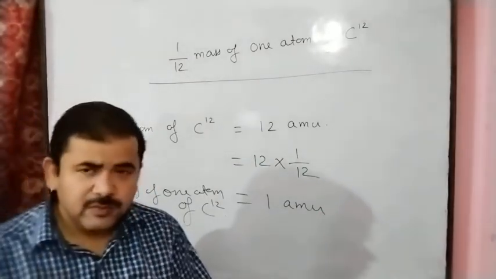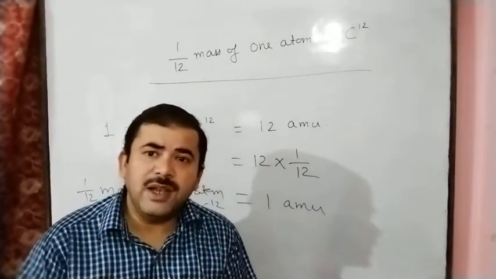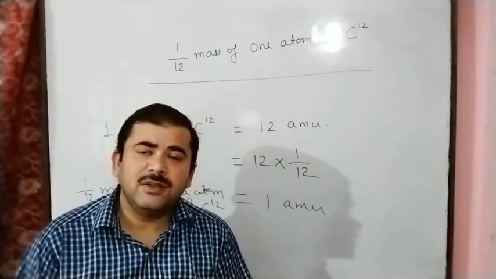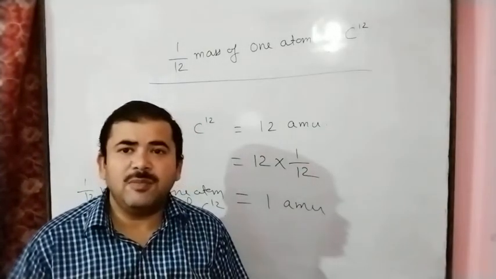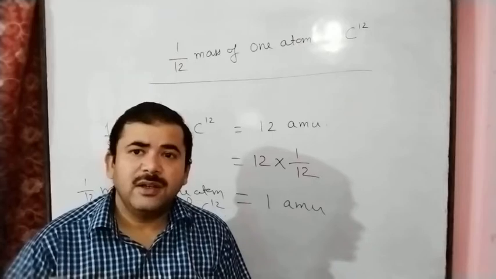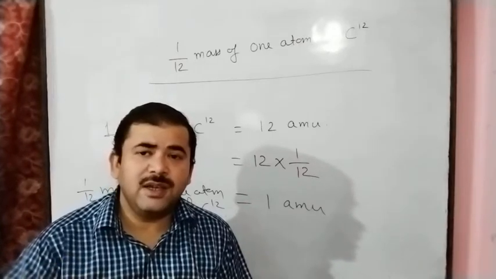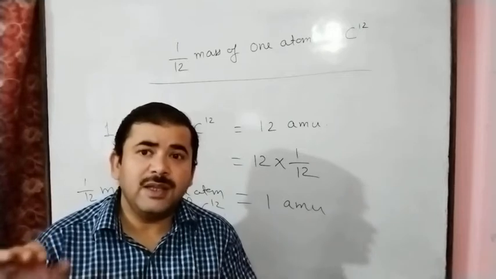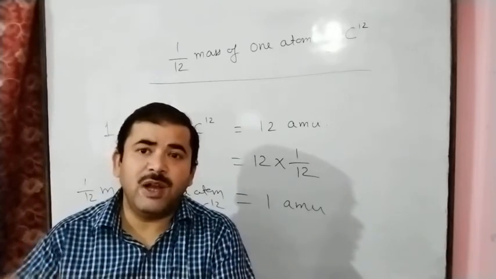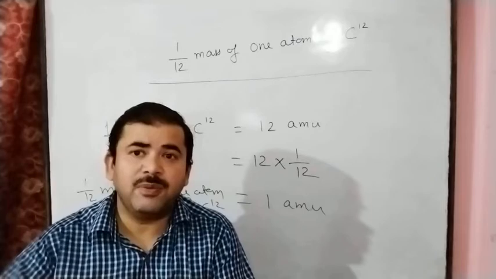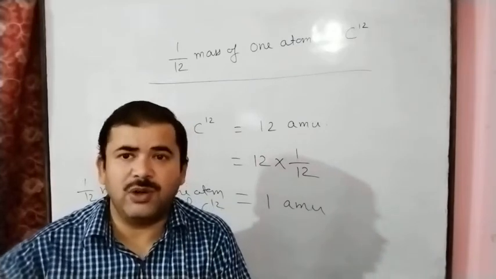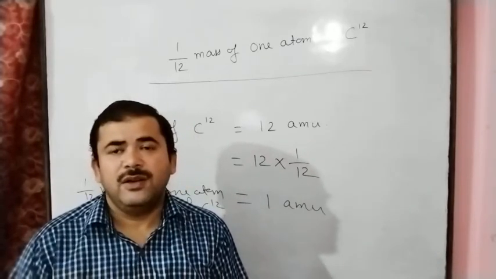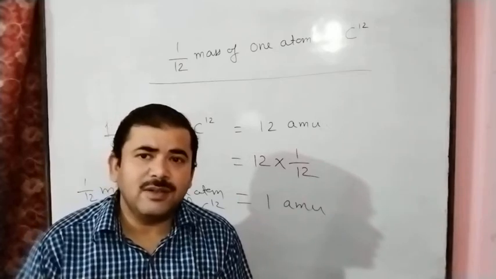So what is the definition of relative atomic mass? Relative atomic mass of an element is the number of times one atom of an element is heavier than 1/12 mass of one atom of carbon-12.